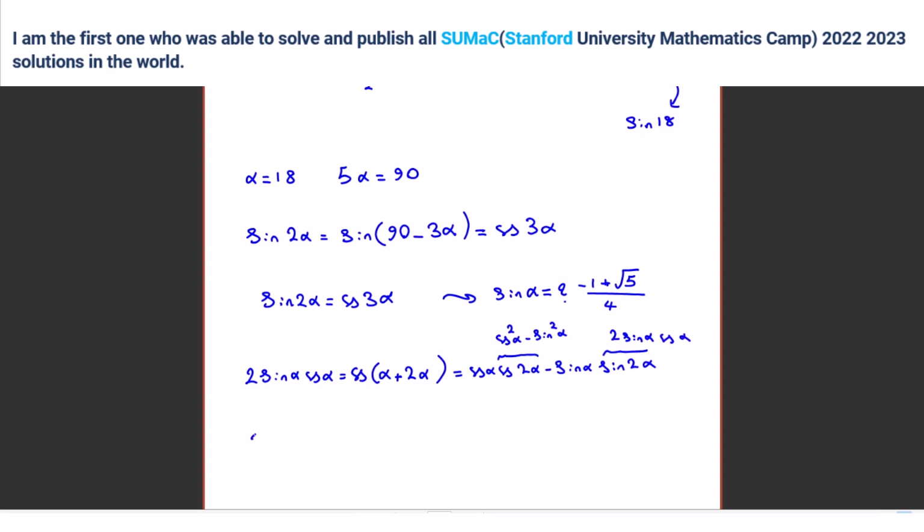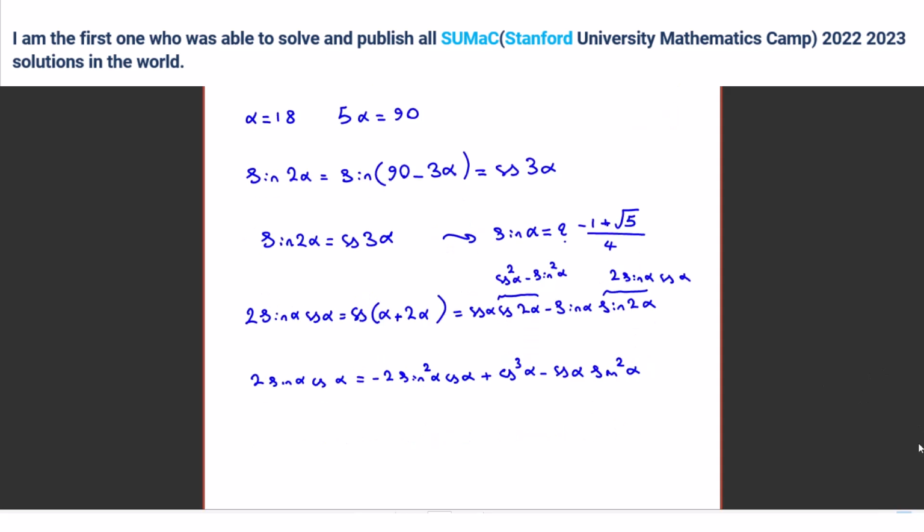First part: cosine cubed alpha minus cosine alpha sine squared alpha. Second part: minus 2 sine squared alpha cosine alpha.